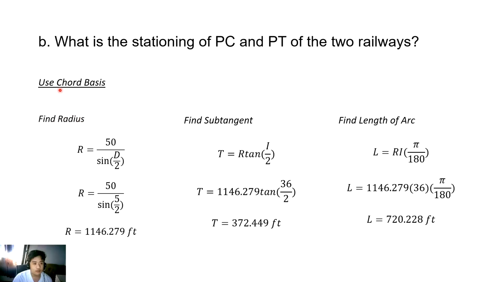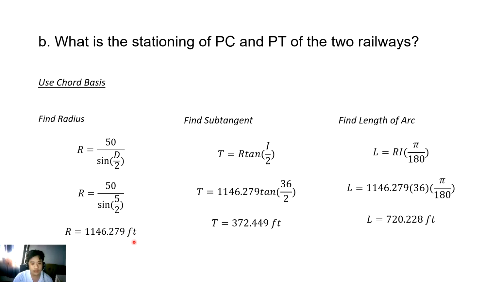Same dun sa arc basis na English system, siya ay na-multiply din sa 5. Since ang chord basis na metric natin ay 10 over sine D over 2, yung 10 dun, na-multiply pa siya sa 5, kaya naging 50 over sine D over 2. So, substitute lang natin yung D, which is yung 5 degree.